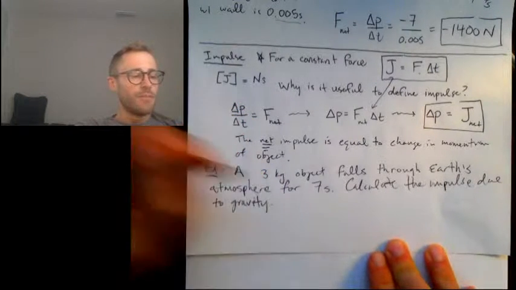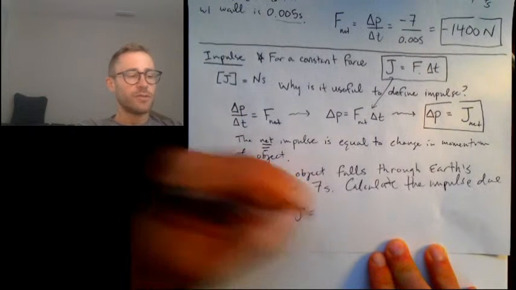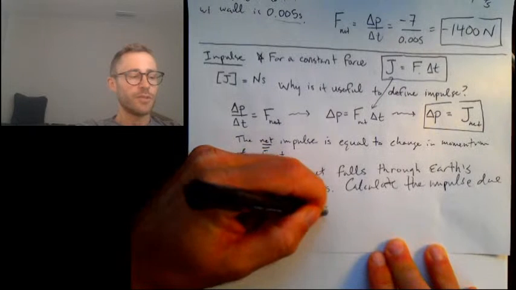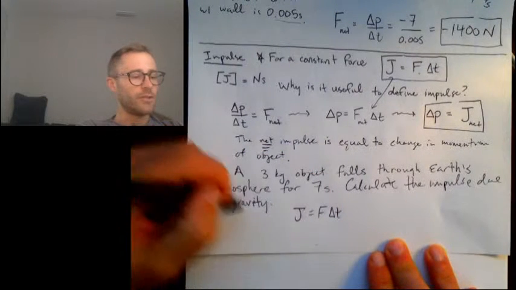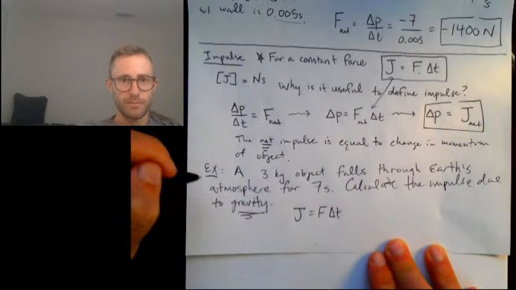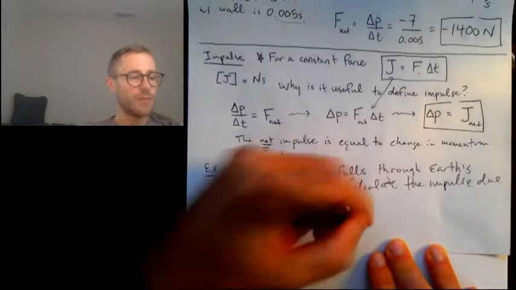So the definition of impulse is force times the time elapsed. Now the force that we're talking about is the gravitational force. So that force is m times g.